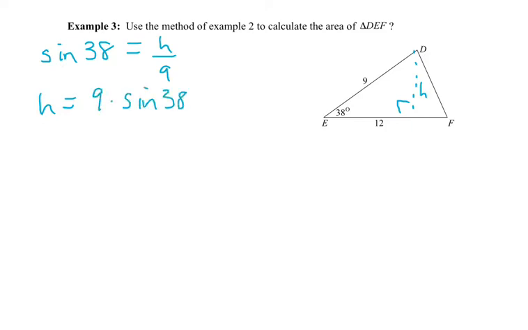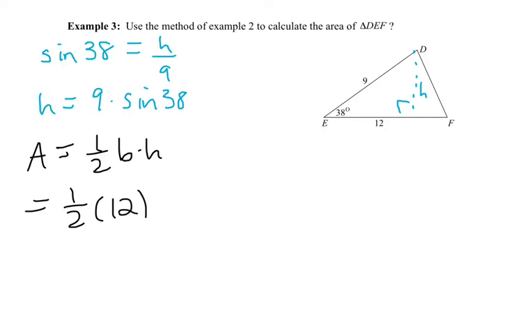So the area of the triangle, 1/2 base height, 1/2 times 12, times the height, which is 9 sine 38. And maybe you're starting to see a pattern. Notice that we have the 12 and the 9, and the 38 is between them.